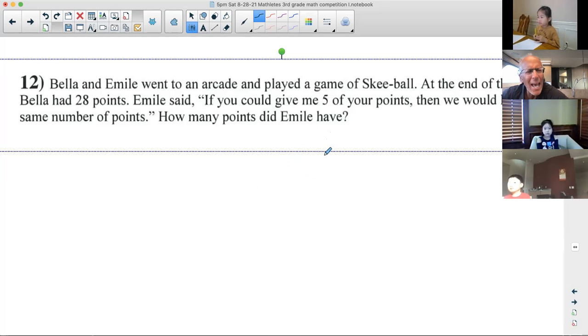Now, at the end of the game, Bella had 28 points. Emil said, if you give me 5 of your points, then we would have the same number. How many points did Emil have?